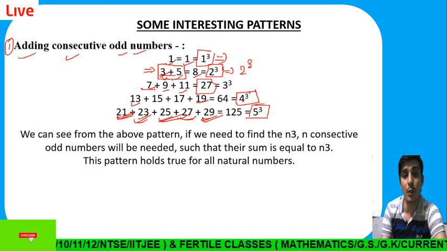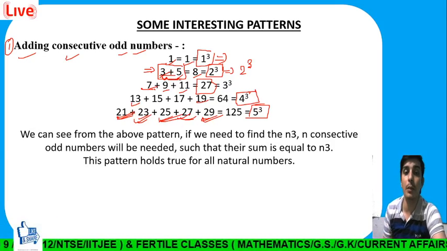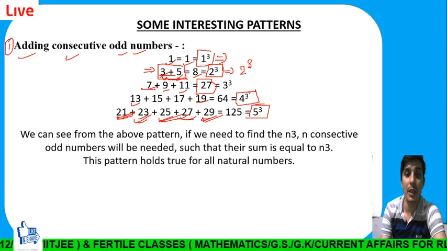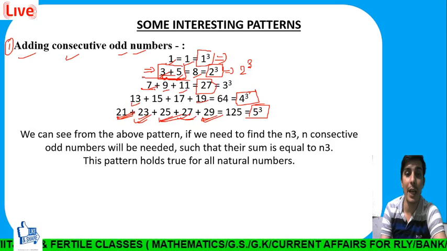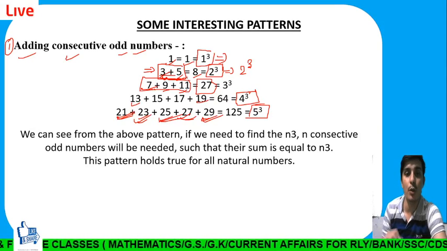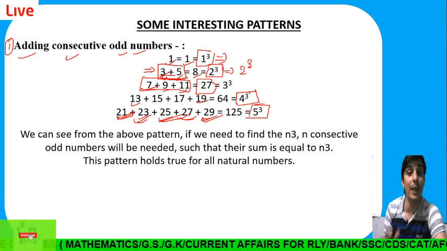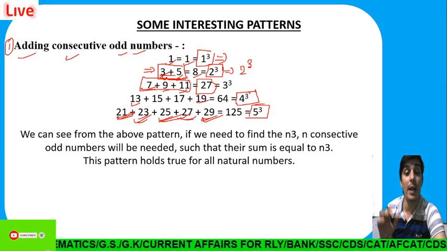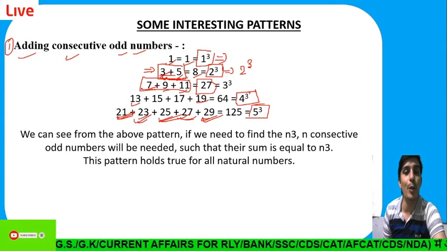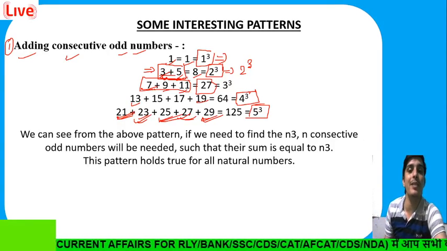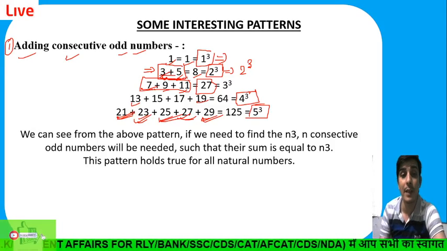So it is equal to the number of odd numbers. Now we take the next 3 consecutive odd numbers and find the sum, and after adding we get 27, and 27 is equal to 3 raised to the power 3.